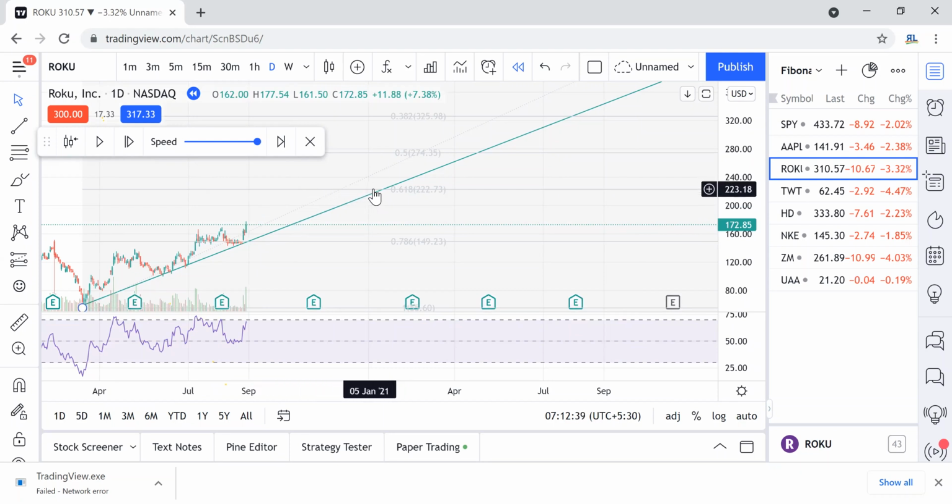So we'll probably touch the 618 level around, well, actually 15th Jan 2021 with this trend line in place, provided that the trend line doesn't get broken. If it does, then clearly the trend is broken. So is it fair to say that we will tap the 618 level by January, maybe mid-January?